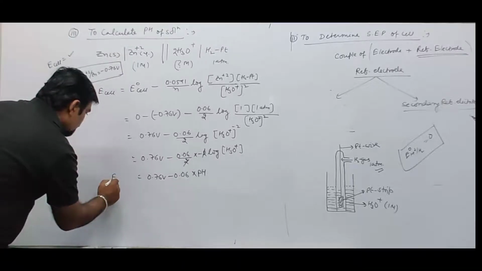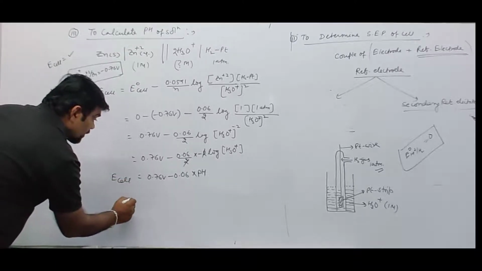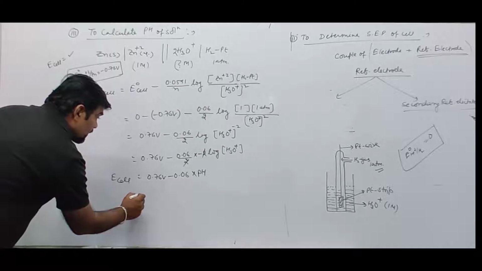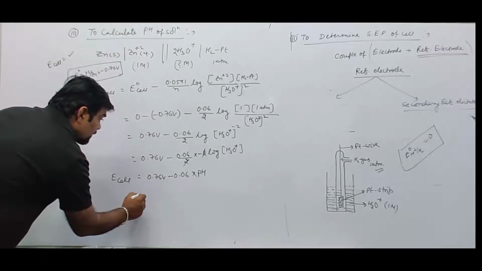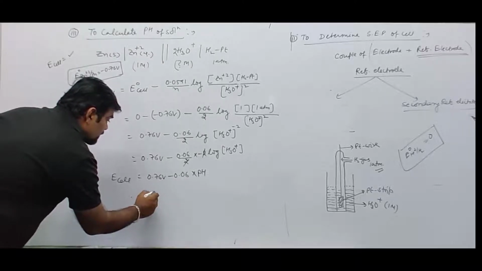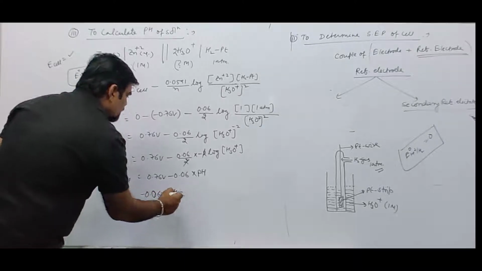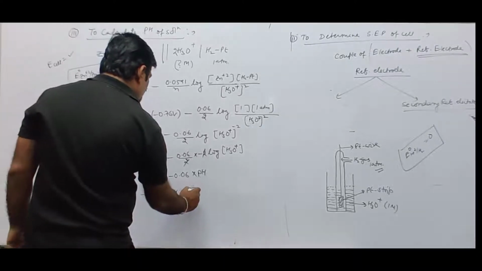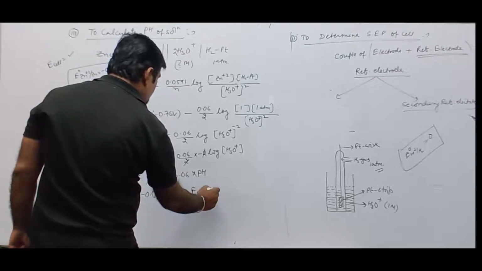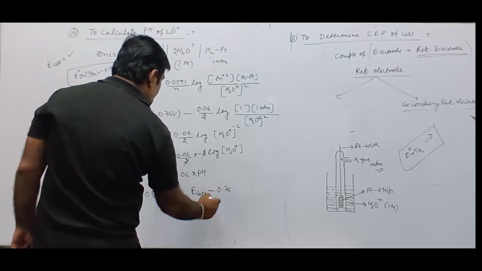Therefore, EMF of cell is equal to this much. Therefore, minus 0.06 into pH is equal to EMF of cell minus 0.76.